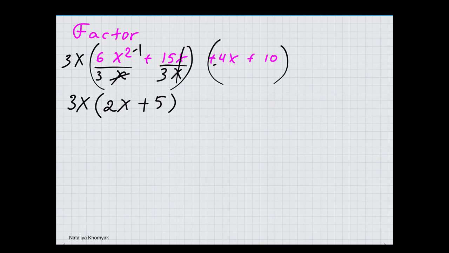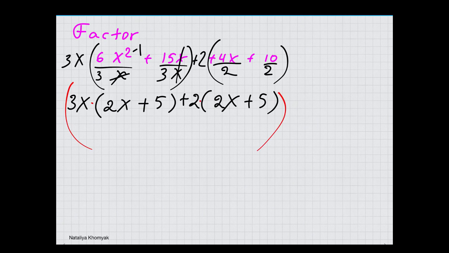These two can be divided by 2. It's positive 2. 2 goes into 4 2 times, x plus 2 goes into 10 5 times. Now we have 2 terms. We can divide both of these by 2x plus 5.